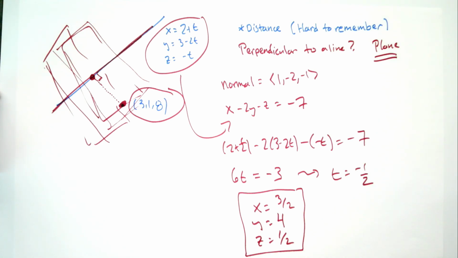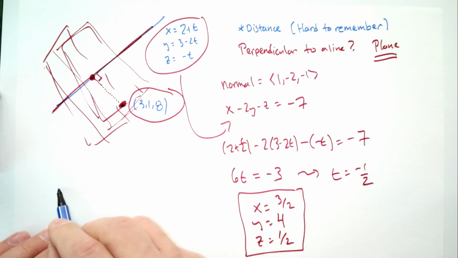Other questions that you'd like? Distance formula? Are you referring to the one where you take the dot product to get to the perpendicular side? It's a cross product for the distance from a point to a line. Now you're going to try to make me remember the formula.